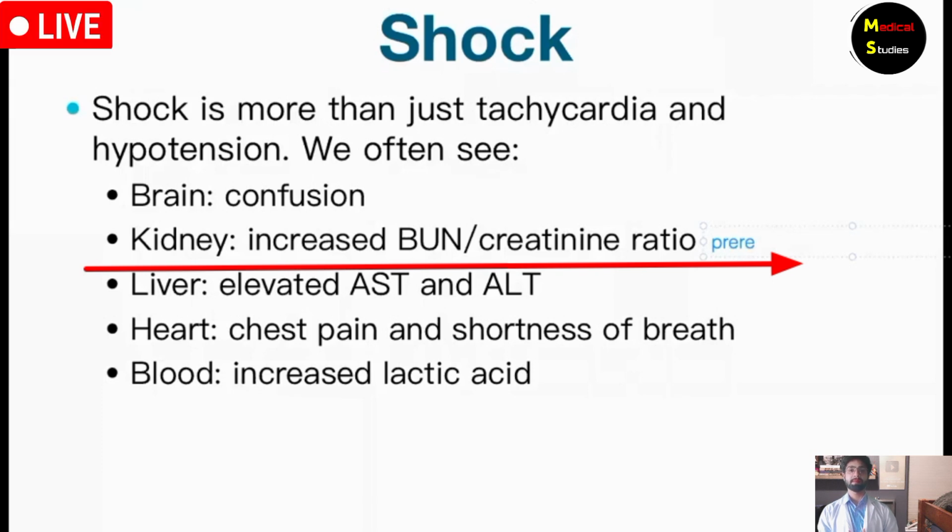Understand, everyone? If we treat the patient in time, then there is no such condition as kidney failure. But if we are unable to provide treatment in time, renal failure will definitely develop, and this is also known as intrinsic renal failure. Note it, everyone.